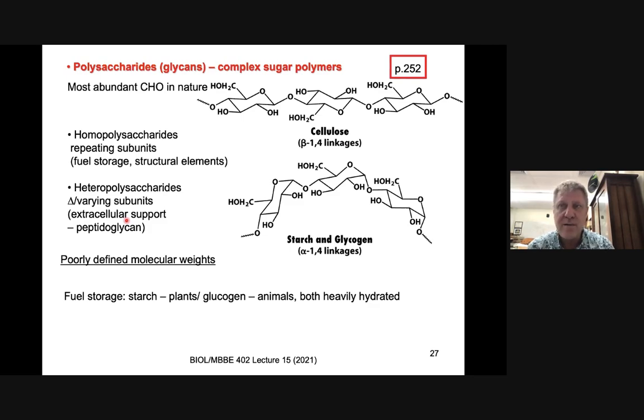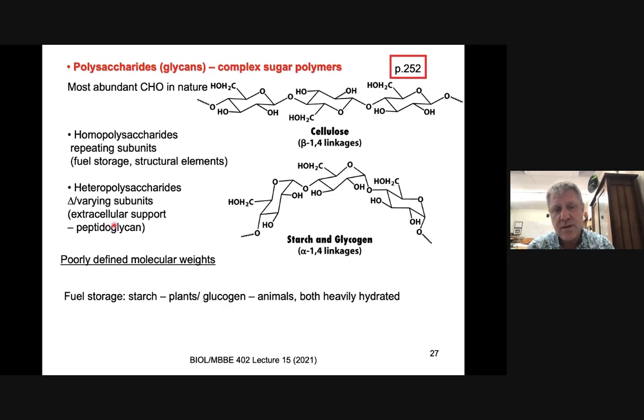They're a little bit more decorated in regards to having attractions to other molecules such as proteins. And those ones that are attached to peptides are called peptidoglycans. So we're going to have a look at those in the next couple of slides.